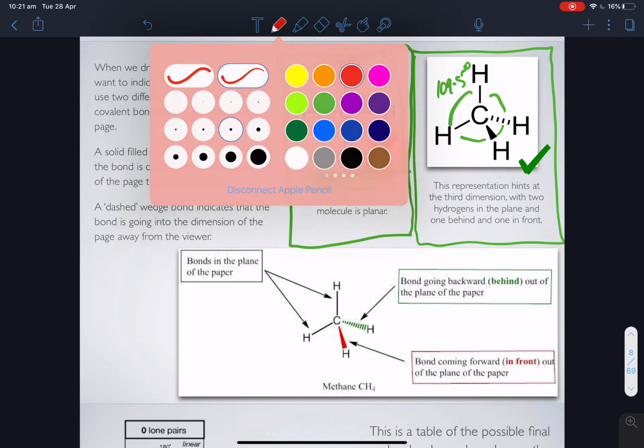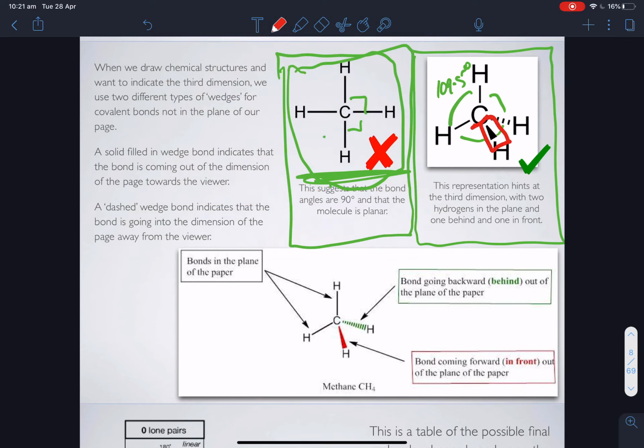Let me change color. Notice this one here and this one here are our normal bonds. They're saying, hey, I'm in the plane of the page. But if we have two of the hydrogens and the carbon in the plane of the page, one of the hydrogens must go behind the page, and one of them must be coming out of the page towards us.